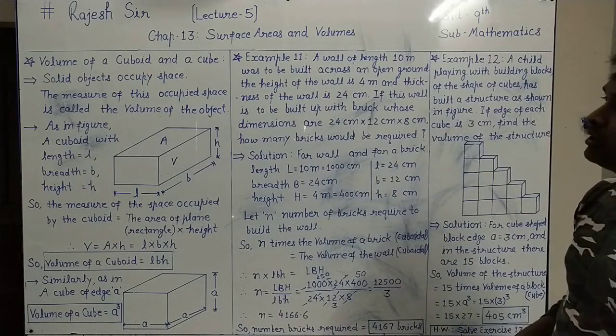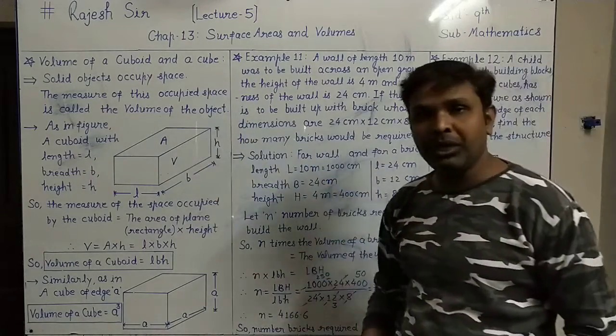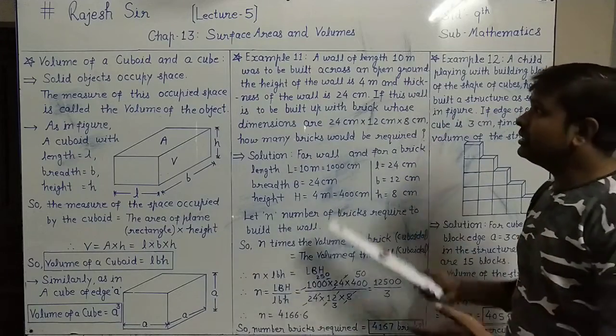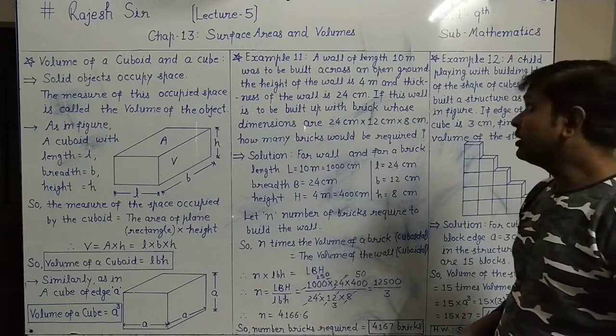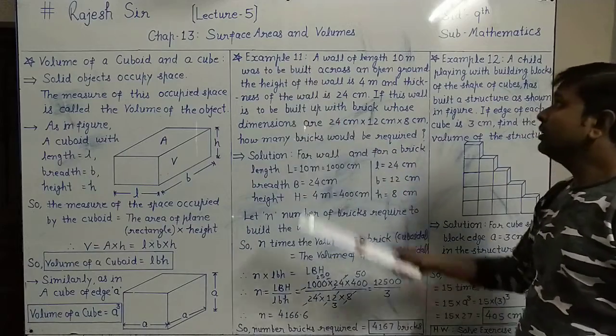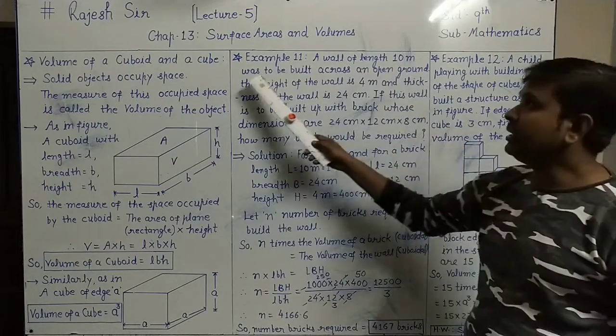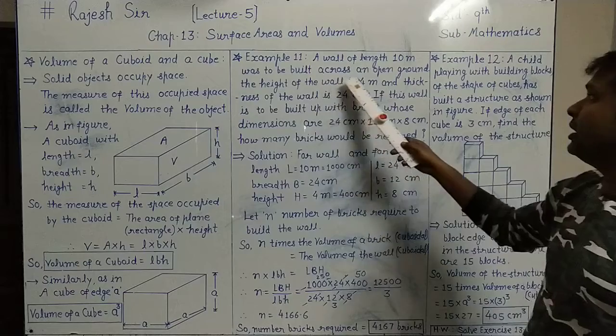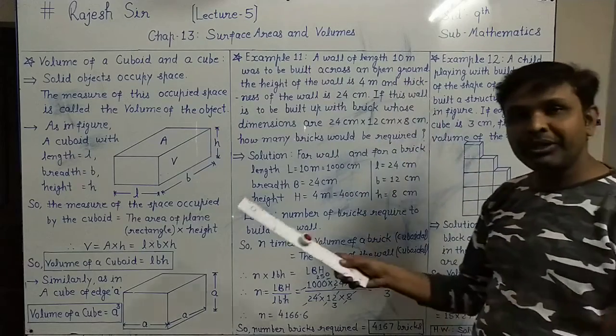Understanding the volume formulas of a cuboid and a cube, we'll see the examples related to them. Example 11: a wall of length 10 meter is to be built on an open ground.